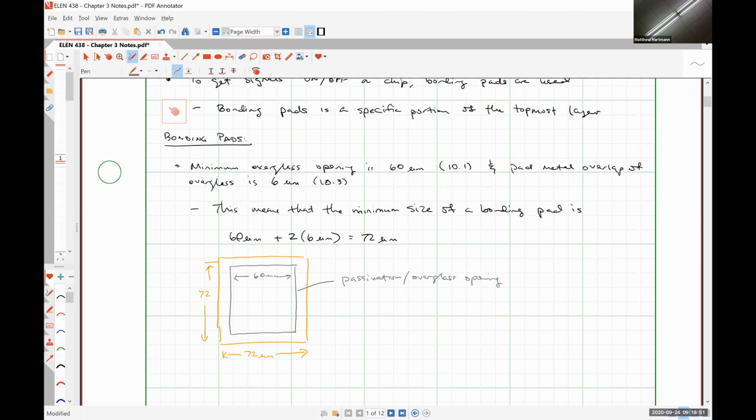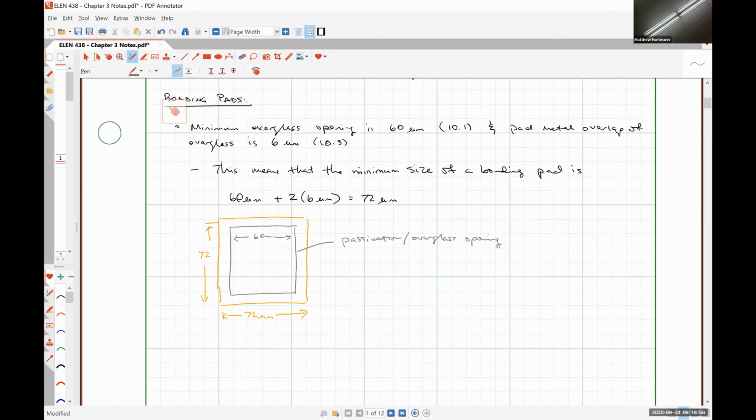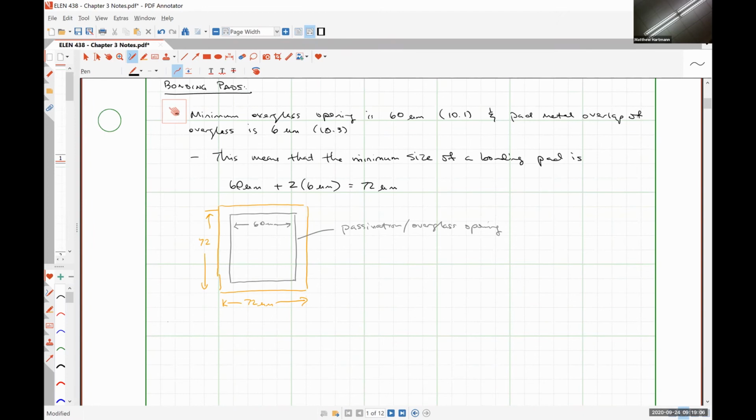So this is the absolute minimum size needed to be able to connect a wire to a chip in the C5 process. For a probe, the minimum overglass opening is 20 microns.